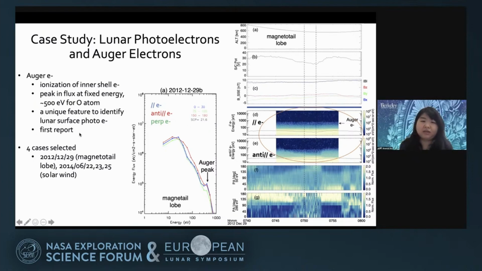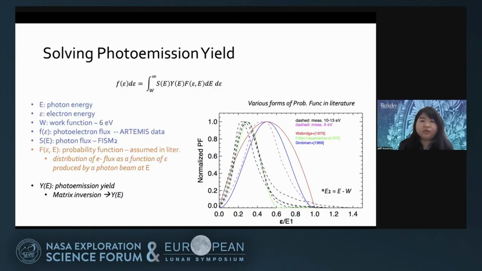And also, I think this is the first report of oxygen Auger electrons at the Moon by ARTEMIS. This is a case in the magnetotail lobe. We selected 4 other cases too to study the photoelectrons.